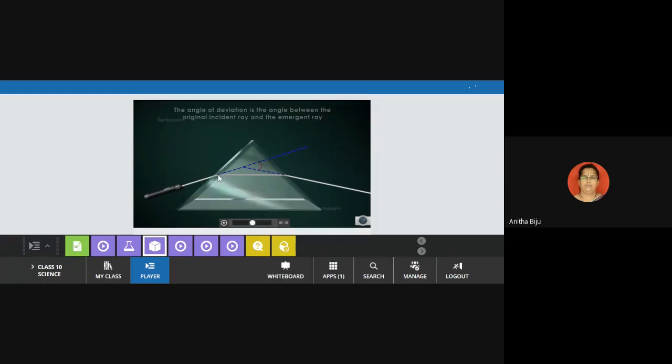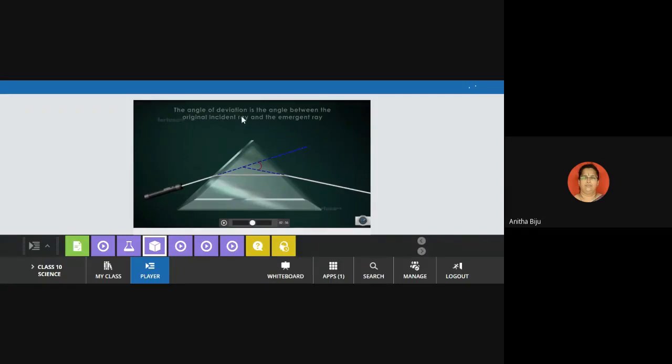This is the incident ray, and here we have a normal that you have seen at the beginning, and here there is another normal, and this is the refracted ray, and this is the emergent ray. Here we have the angle of emergence, here we have the angle of incidence. Along with that, there is an additional point. What is that?